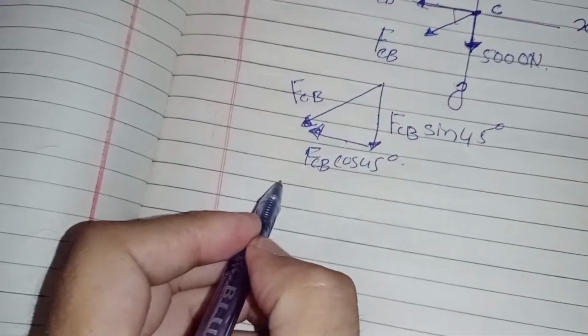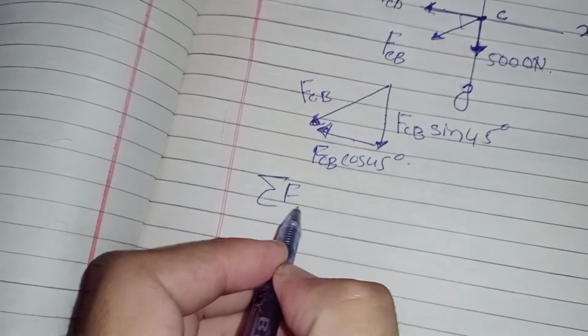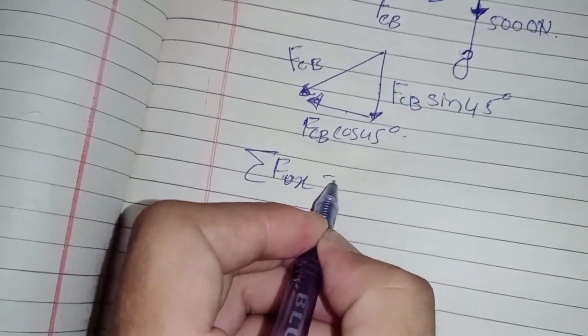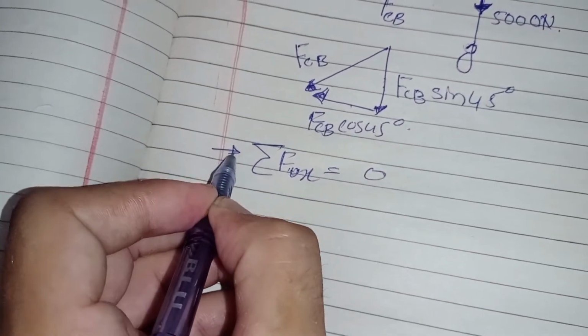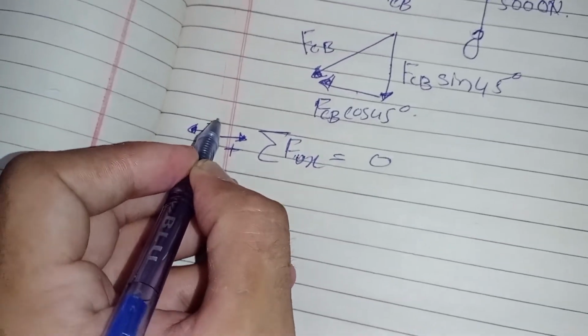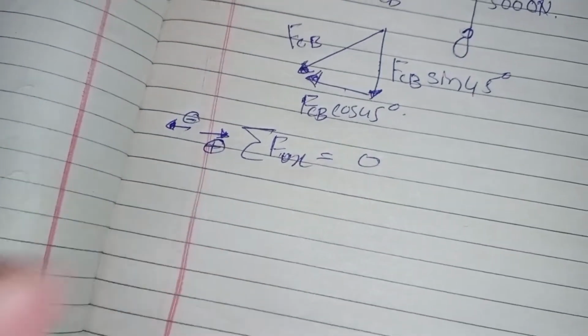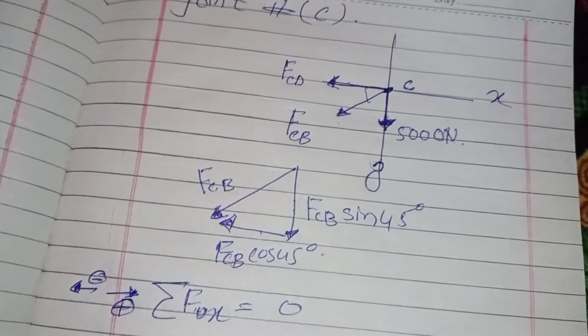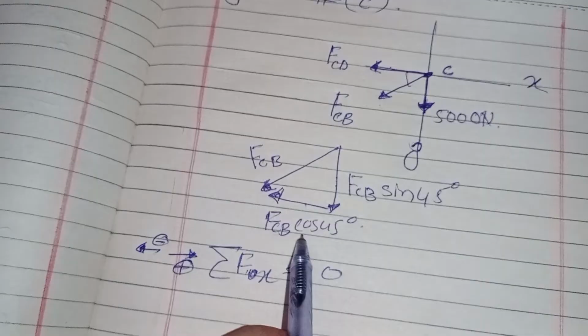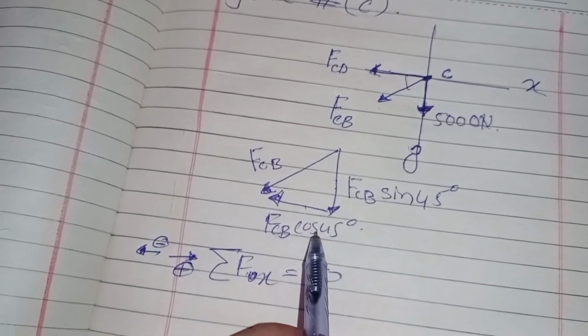So summation of all forces in the x direction equal to 0, right will be positive, the force directed toward left will be negative. So first of all I will take all the horizontal forces.